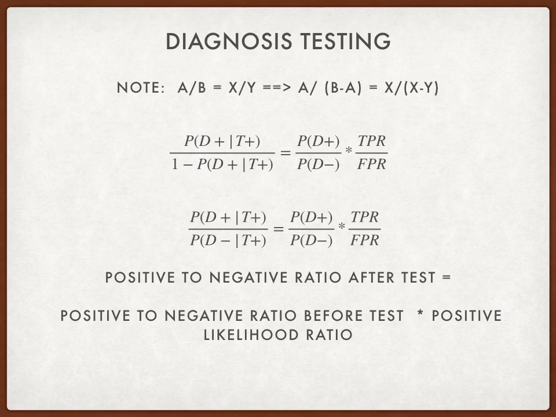What is the complement of this probability? The probability of the condition existing given the test is positive. The complement of this probability is that the condition doesn't exist, right? So when the test is positive, either the condition exists or doesn't. So these two probabilities are the complement of each other, meaning that 1 minus one of them gives you the other one, right? So that's how we arrive at this equation.